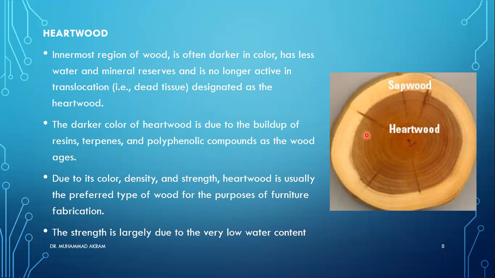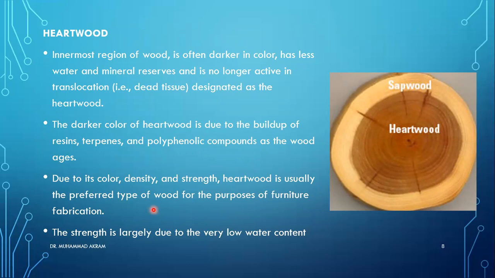This is the heartwood that is present at the center of the trees, dark in color, having different types of materials. Those materials are due to the presence of different polyphenolic compounds. These polyphenolic compounds are produced with the age of the trees. Due to its color, density, and strength, heartwood is usually the preferred type of wood for furniture and fabrication.